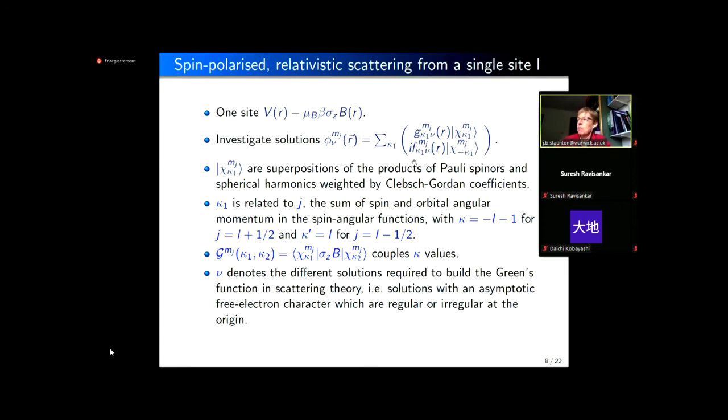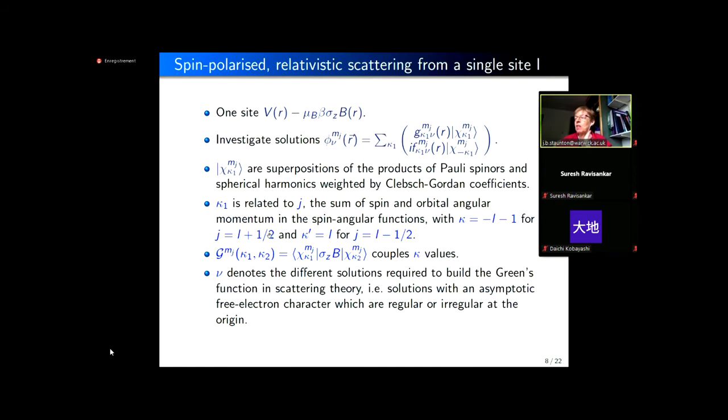Now, the quantum numbers that are used typically in the literature when you're talking about relativistic quantum mechanics are known as kappa and mu, or I'm going to call it mj. So mj is the z component of the total angular momentum. Kappa is basically a shorthand for both the total angular momentum, so spin plus orbital, and the specific orbital angular momentum.